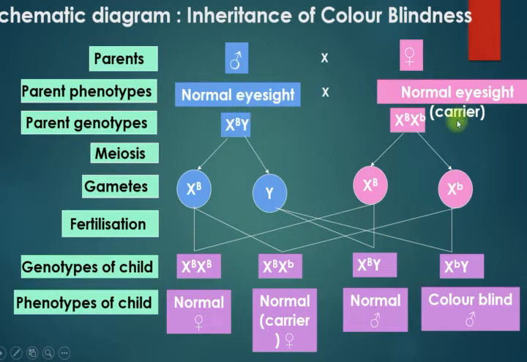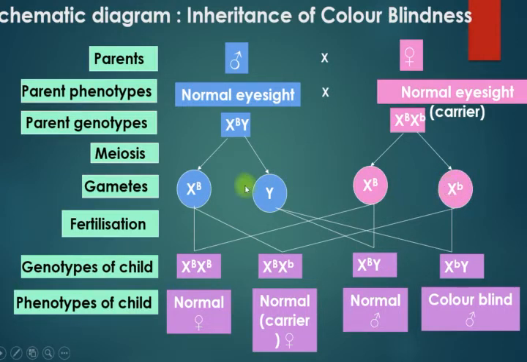The mother, since she is a carrier, has the genotype X big B X small b. After meiosis, the father produces gametes with X big B and Y, while the mother produces gametes with X big B or X small b.